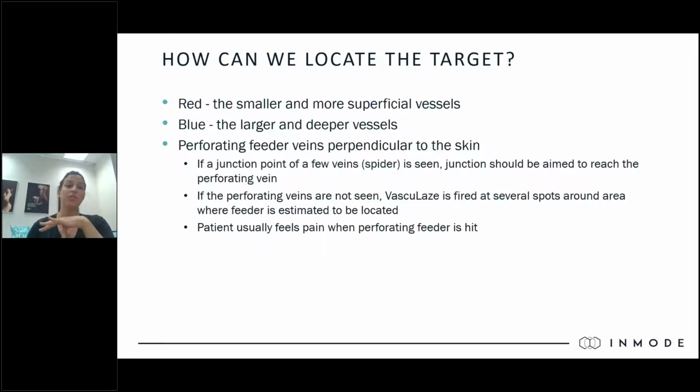So this one we cannot see, but if we're accidentally lasing a spot where a perforating vein is located, we'll actually hear the response of the patient, because there's a lot more absorption there, a lot more target hemoglobin, and therefore it is much more painful. So we will hear the patient.